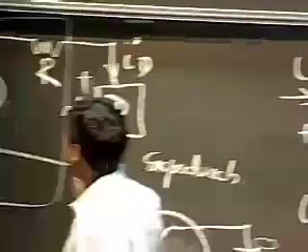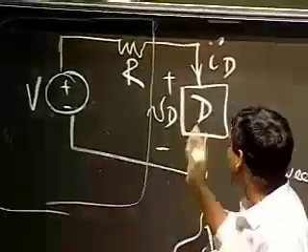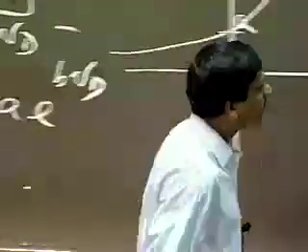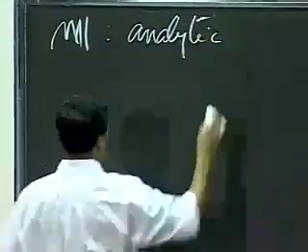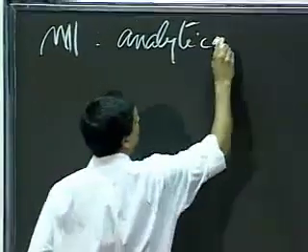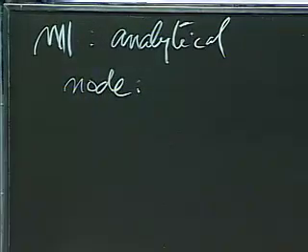Method 1 of analysis. Let's go ahead and analyze this pattern here, this template circuit, if you will: a voltage source, a resistor, and a nonlinear device. This is the analytical method. Remember the node equations, the node method applies.